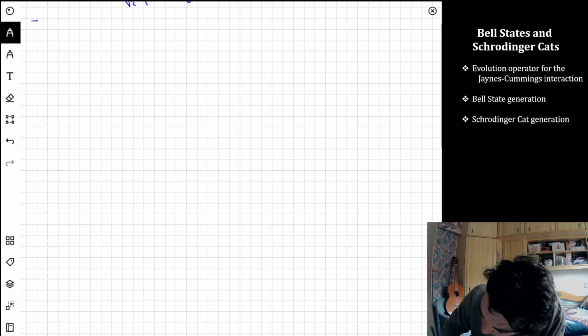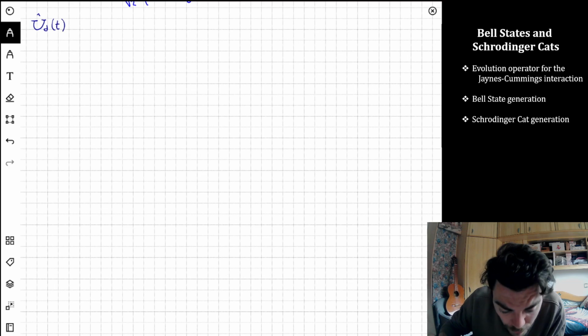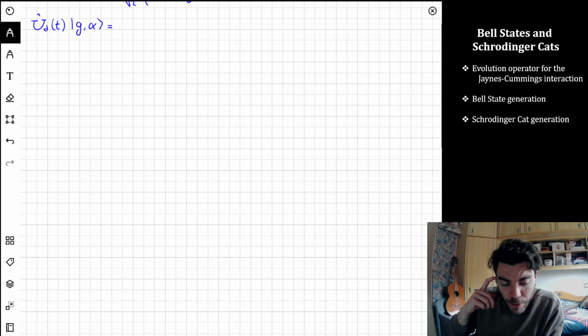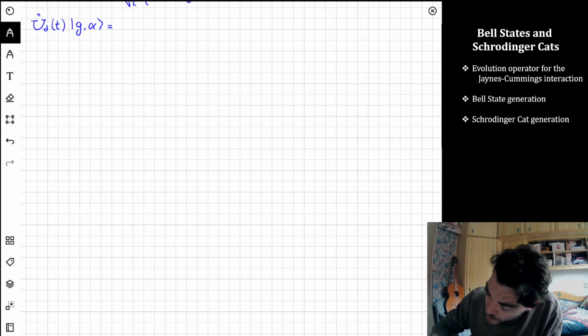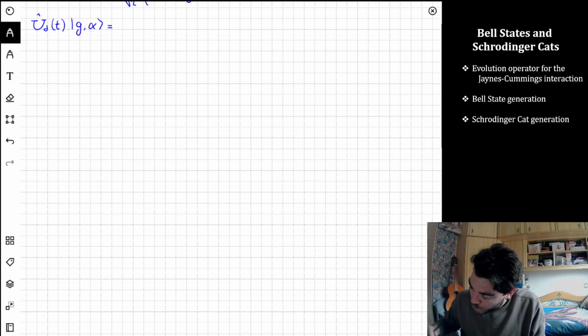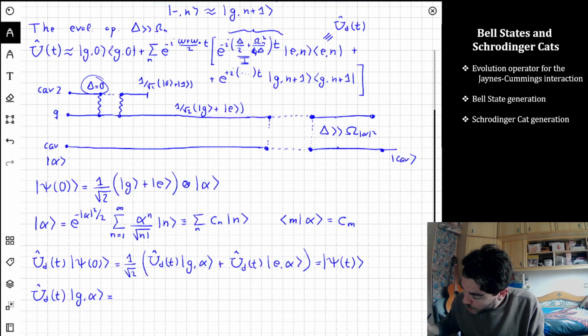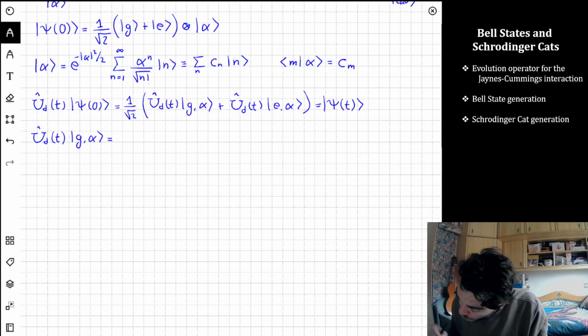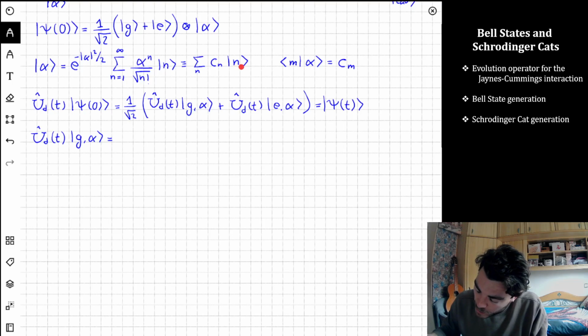So U_D of t applied to the state g, alpha gives the coefficients that I just wrote. Let me tell you how this is done. When we apply U to the state alpha, alpha is a superposition of all these states.